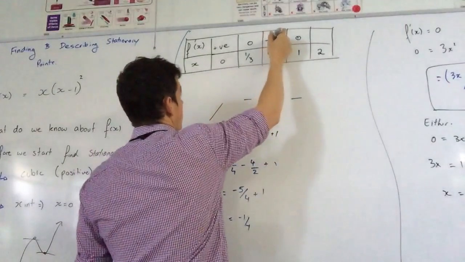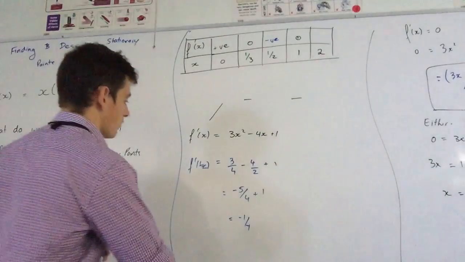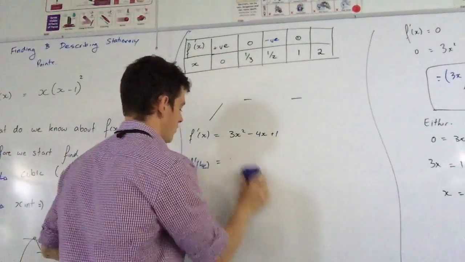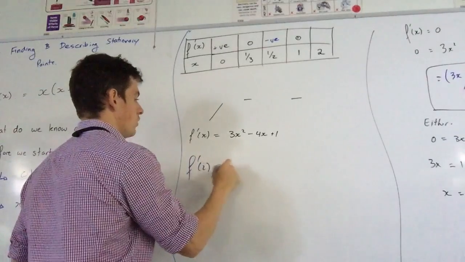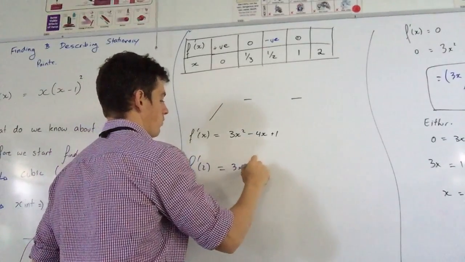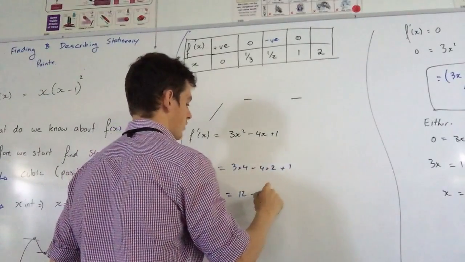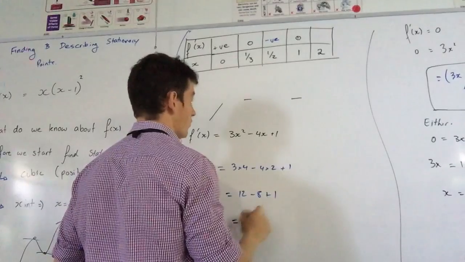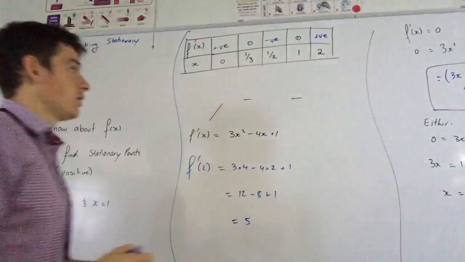So that gives me a negative value. Okay, I'm going to do exactly the same thing again, but I'm going to change my value. I'm going to go f dash of 2, which equals 3 times 4 minus 4 times 2 plus 1, which equals 12 minus 8 plus 1, which equals 5, which doesn't matter what it equals. All I need to know is that it's positive.